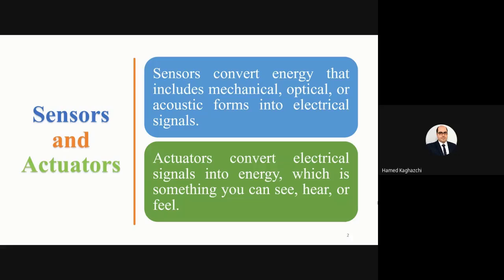Okay, what about actuators? How can we define an actuator? We can say that an actuator is a device that converts electrical signals into different forms of energy.